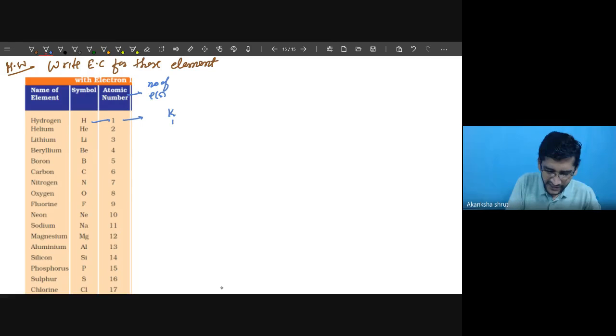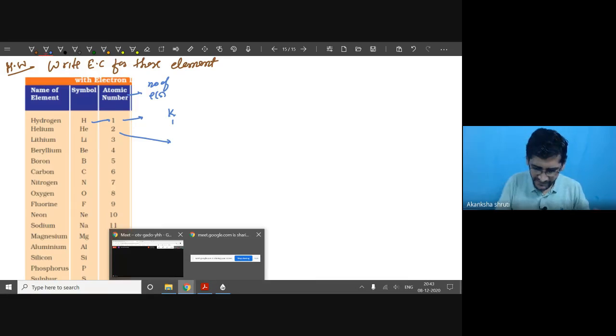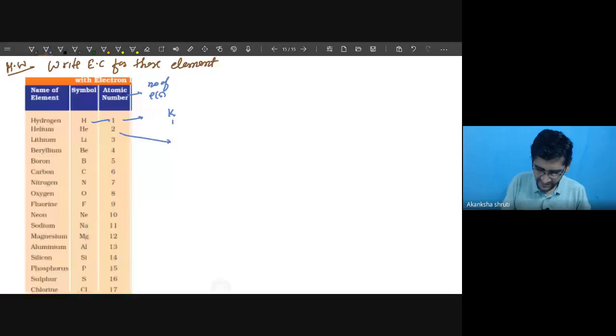For helium, it contains 2 electrons. So in K, you have to write 2. If you are considering lithium, then K can contain 2, but this is 3, means one more is there. You have to put a comma, write the L and 1. These are the electronic configurations.